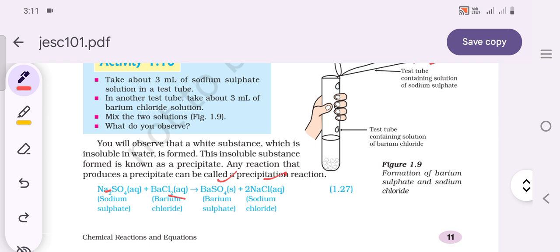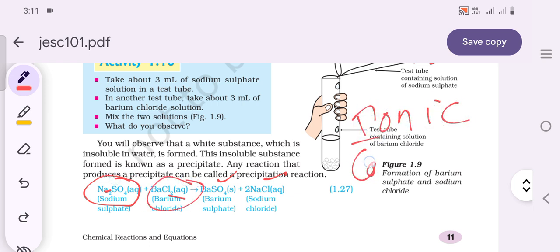Usually one of the products is an insoluble solid or precipitate, a gas, or water. First of all, let us know about ionic compounds. Ionic compounds are those where transfer of electrons takes place.